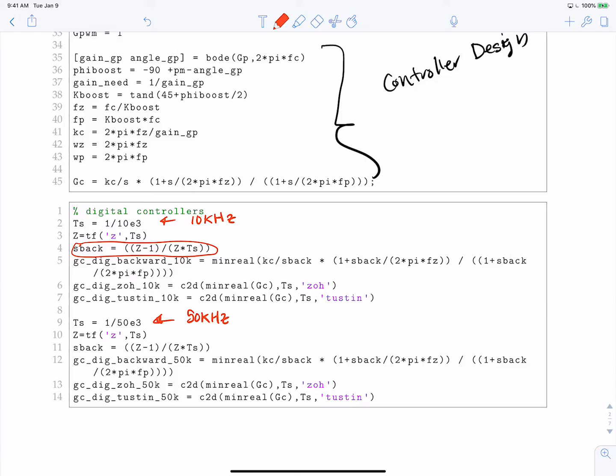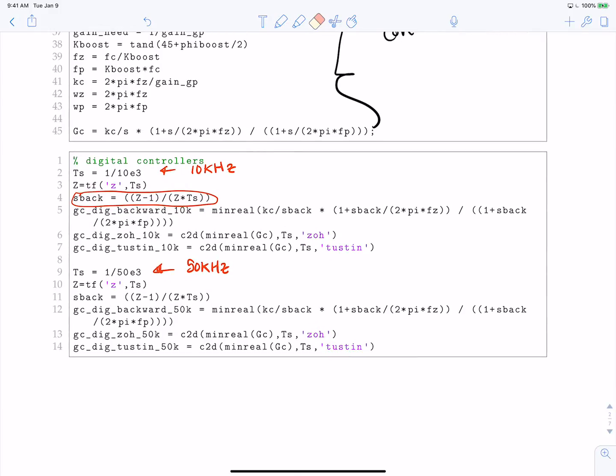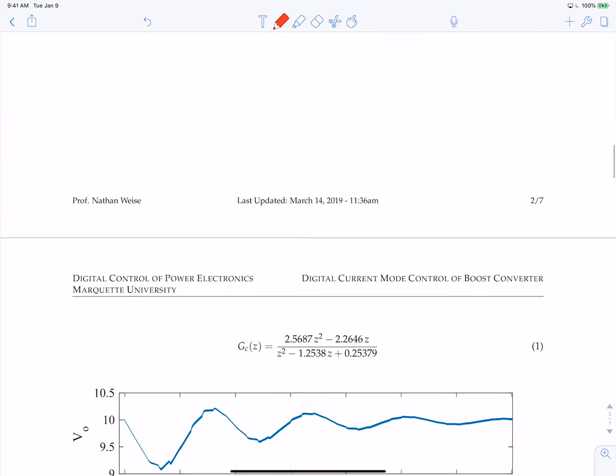We do this for the other ones utilizing MATLAB's built-in function C2D, which has a couple of different variants of substituting in, for instance, zero order hold and Tustin. In all, this is going to give us 6 different digital controllers, 3 for each frequency. We're only going to look at the backwards Euler and Tustin for both 10 and 50 kilohertz, and compare that against the continuous time response.